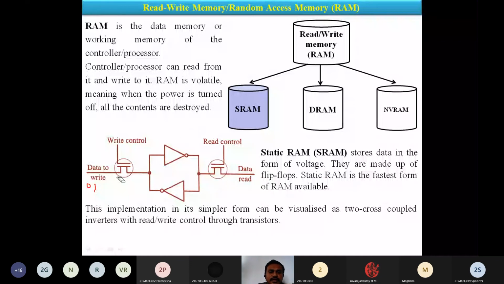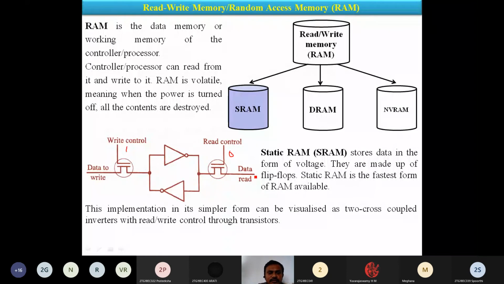So to write data, the write control signal must be 1, high voltage. What about the read data control? It must be 0. This transistor is just connecting the flip-flop to the respective read line or write line.